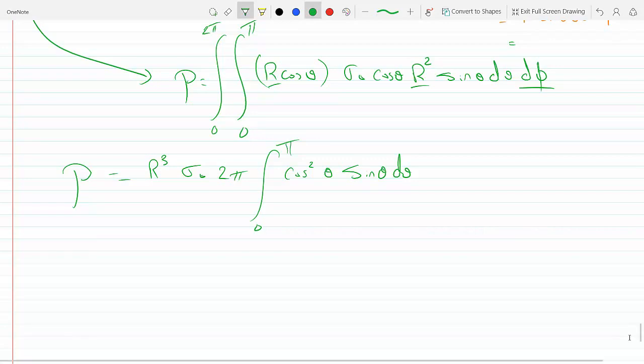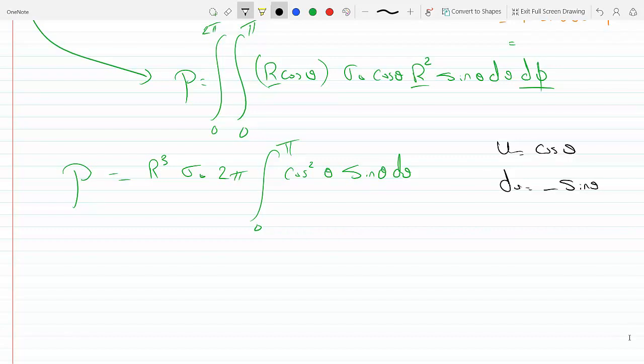Okay, so 0 to pi. And this is a straightforward integral, u du. If u is cosine, du is minus sine d theta, so this becomes r cubed sigma 0 to pi.